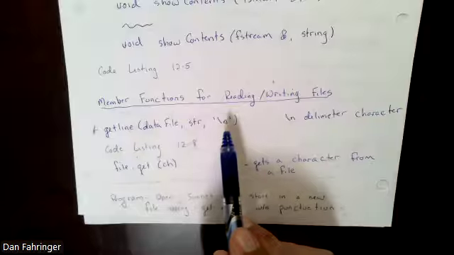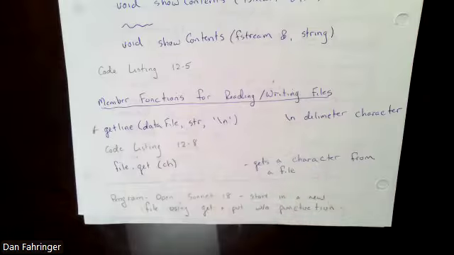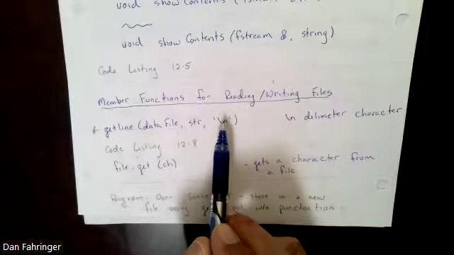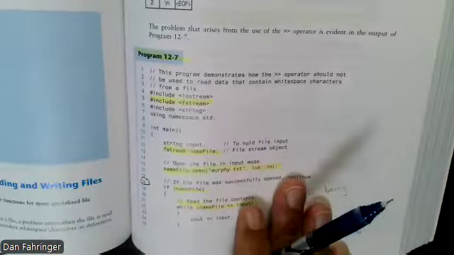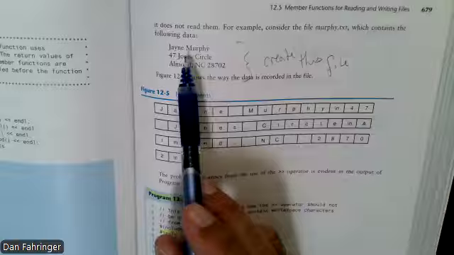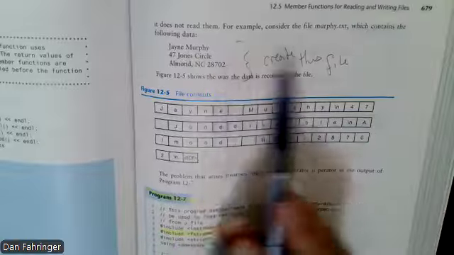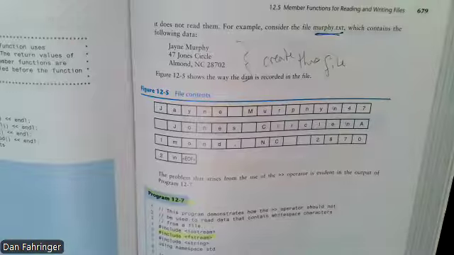And in the book, you saw he did some craziness with using a dollar sign as a delimiter, using space as a delimiter. But for code listing 12.7, and I'm hoping you did it and not just typed this in and were done, you needed to have Murphy.txt in order to run the program.